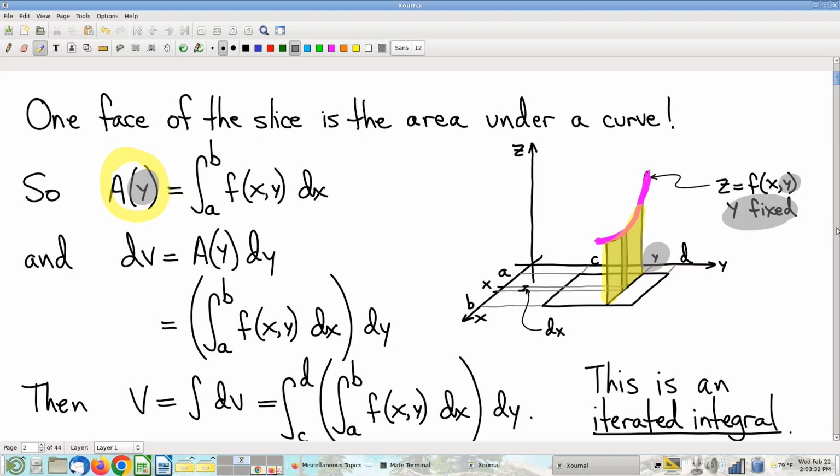So how about that? Now let's think about what x is doing. X is actually a variable because x is going to go from A to B, thus causing this ordered pair x comma y to go right across there, right directly under this curve, the area under which I want to know.